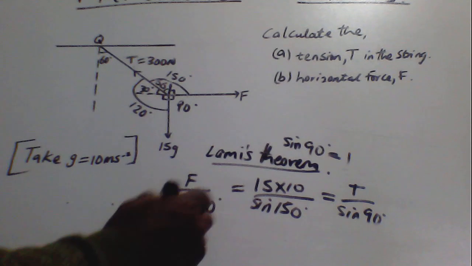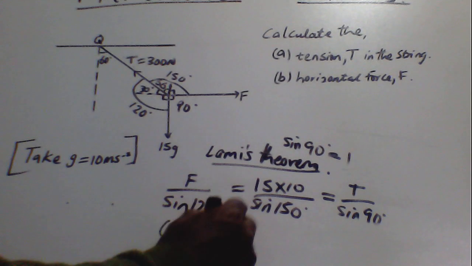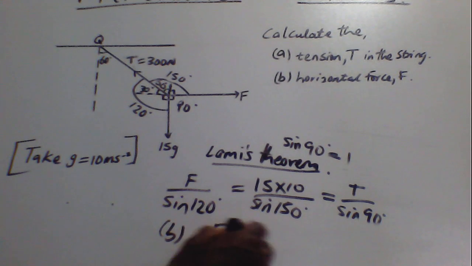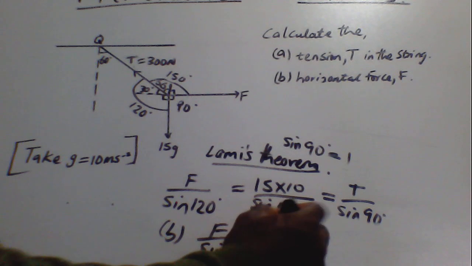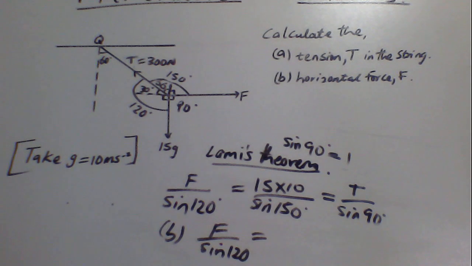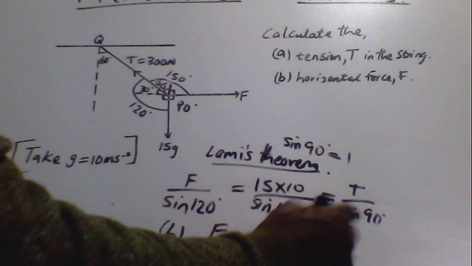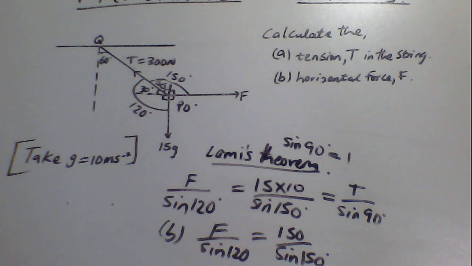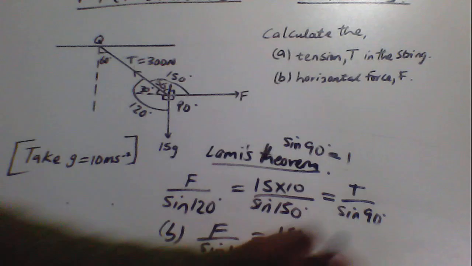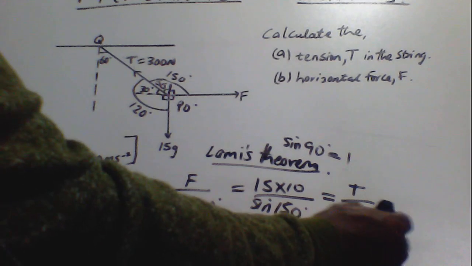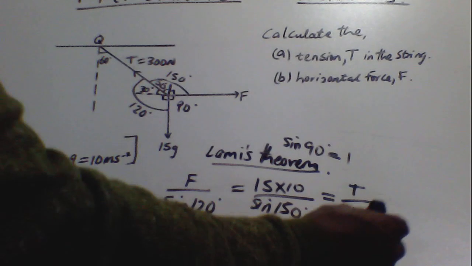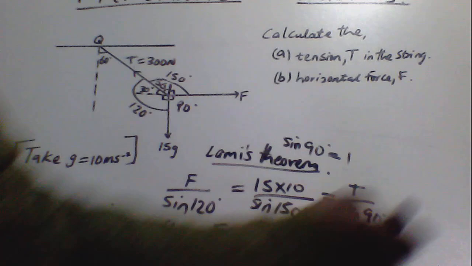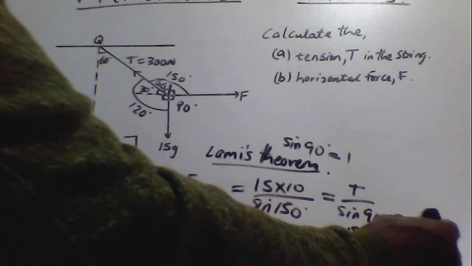So question 2, which is B, in this case you have F over sine 120 is equal to 150 divided by sine 150. So we have solved this before. This is the same as 150 divided by sine 150, which is 1 over 2. And when you solve the fraction, as we got T, we have 300.